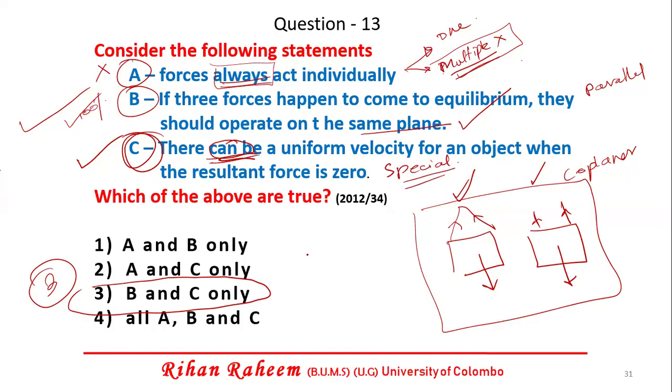In the normal situation, when the resultant force is 0, the object will be at rest. But in outer space, this can happen. Frictionless surface. When the object is already moving, this can happen. Even on a friction surface, when the object is already moving, then this can happen. I hope you all are clear.